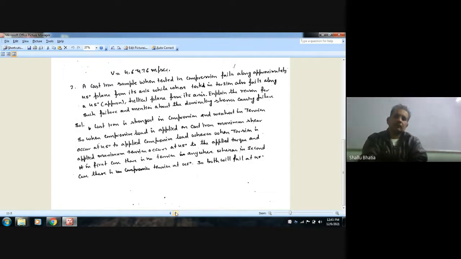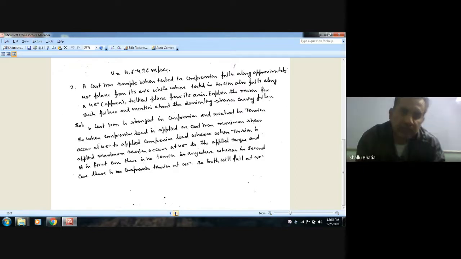So when compression is applied on the cast iron material, it will not fail in compression, because at some plane the shear stress is acting, which is maximum, or there is a maximum shear stress plane.